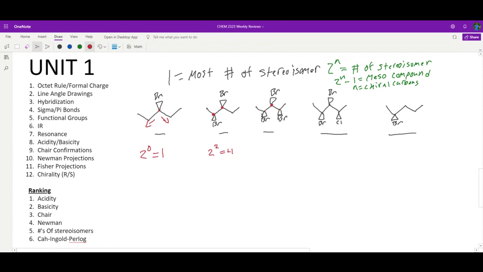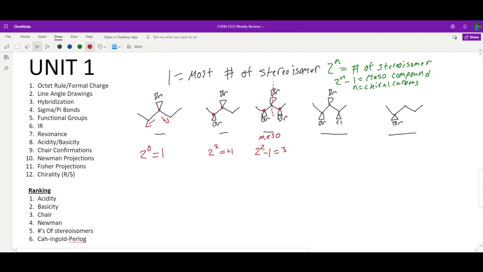This one, only these two are chiral, and there's a line of symmetry, so this is our meso compound. So we're going to use 2 to the 2 minus 1, which is 3. Otherwise, if it's 2 to the 2, you're going to have two structures with 4, and there's not going to be a way to distinguish.